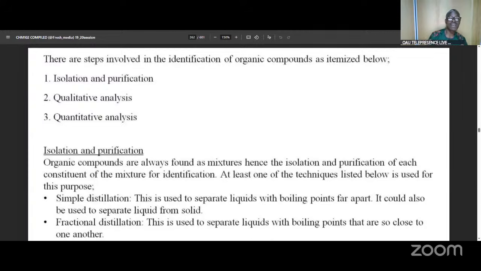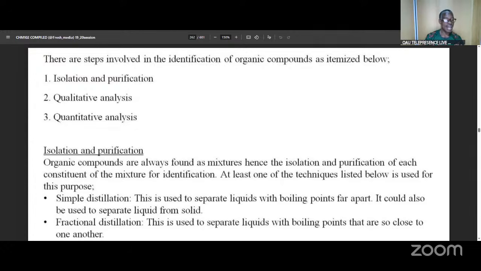For you to identify it, there are few steps involved. Number one is isolation and purification, number two is qualitative analysis, and number three is quantitative analysis.